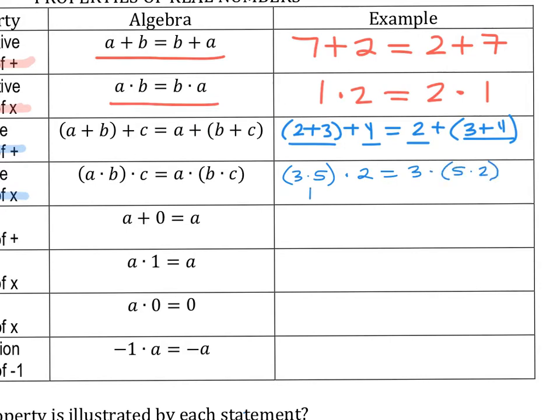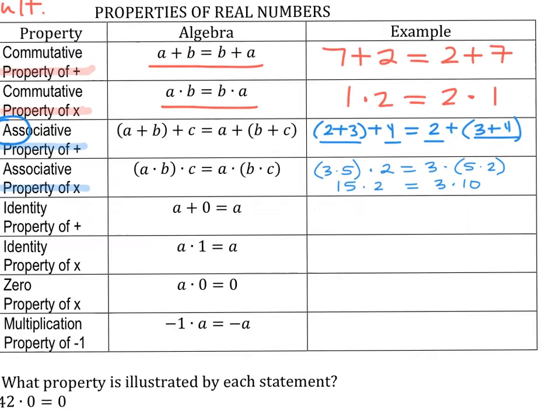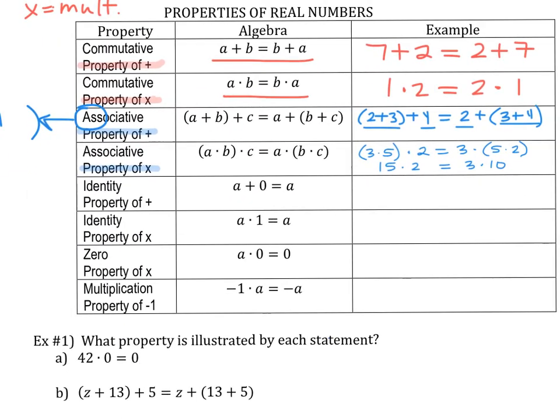This is saying 15 times 2. This is saying 3 times 10. What's 15 times 2? 30. What's 3 times 10? 30. So even though the parentheses are in a new place, you get the same value. Okay? So that is associative property of addition and associative property of multiplication.